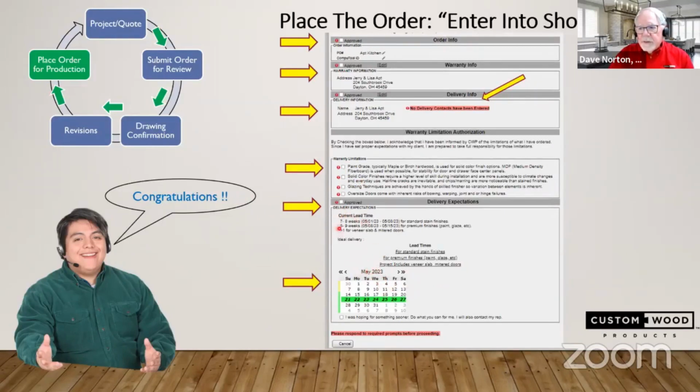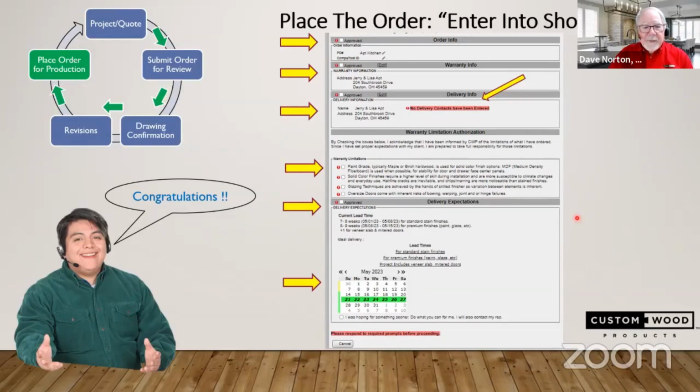Delivery expectations. Our normal lead times are spelled out. If you were to pick a date, because it would let you, but that's later than you really want the job, when you click on I was hoping for something sooner, it will open a separate calendar and you can pick any date you want.